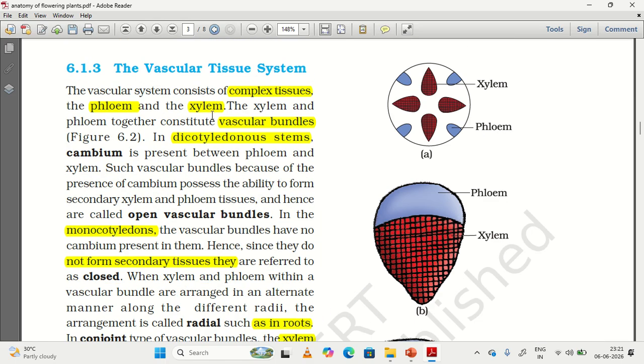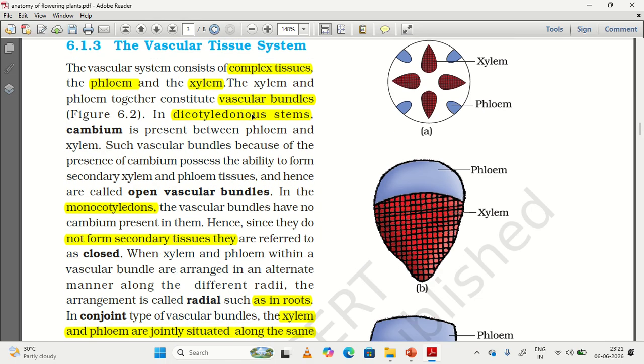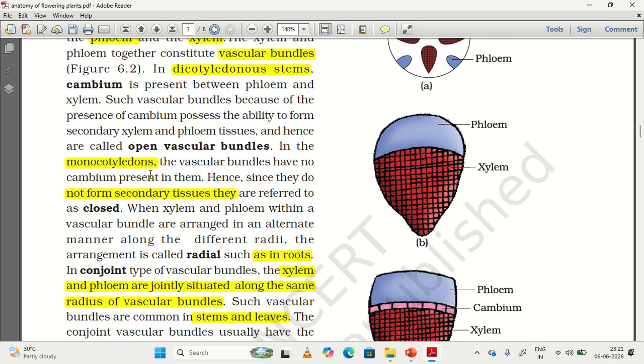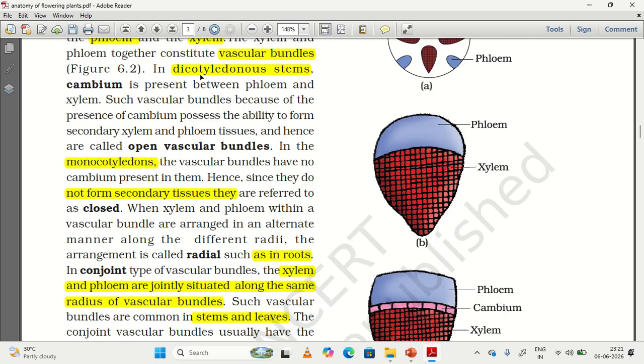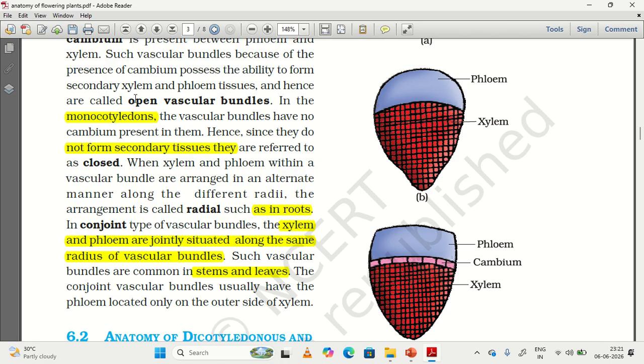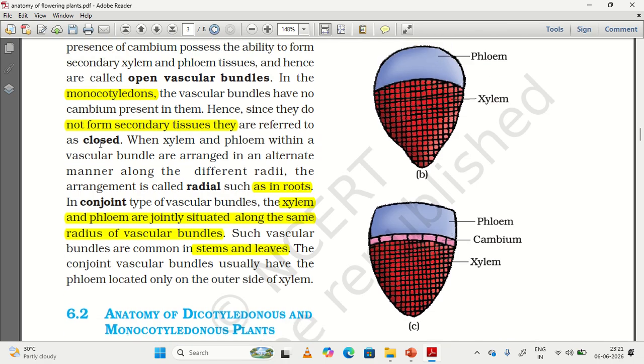So here the most important thing is, dicotyledonous stems have cambium. If the cambium is present in between the vascular bundles, we call such vascular bundles open type. We can see it in dicot stems. If the cambium is absent, we call them closed type of vascular bundles. It can be seen in monocotyledons.